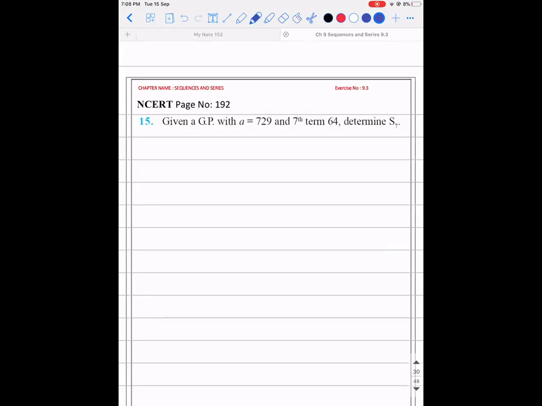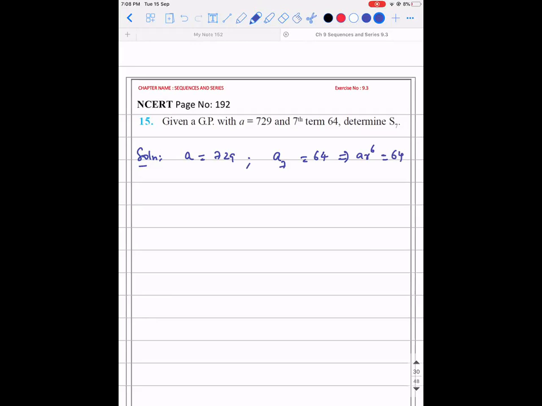Okay. So they have given a GP with A as 729. A7 is 64, which implies AR power 6 is 64.